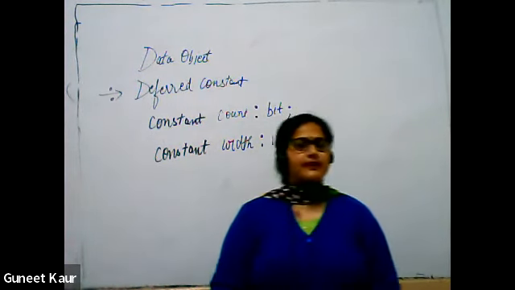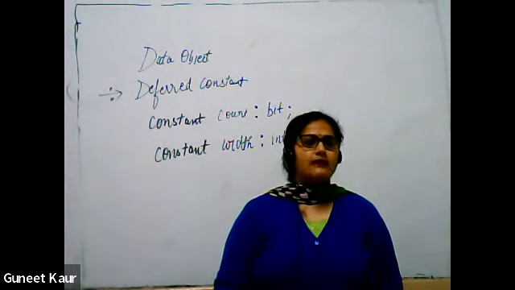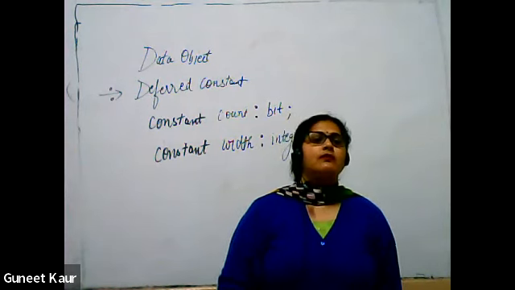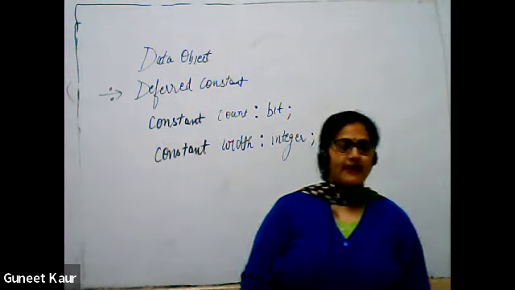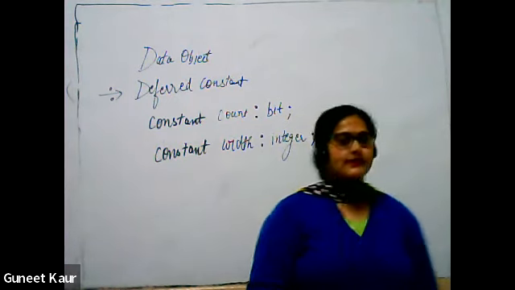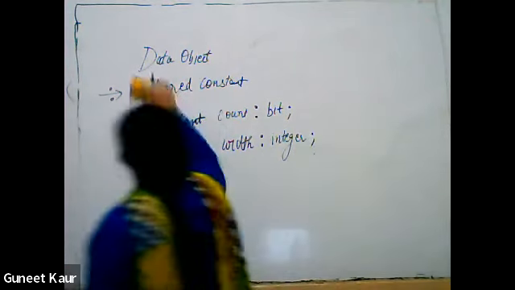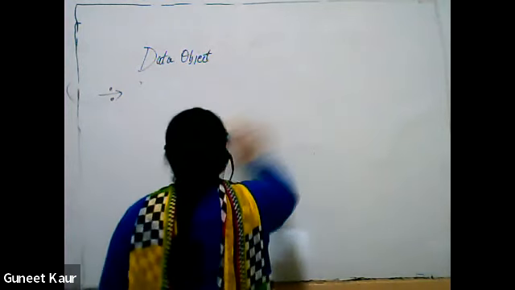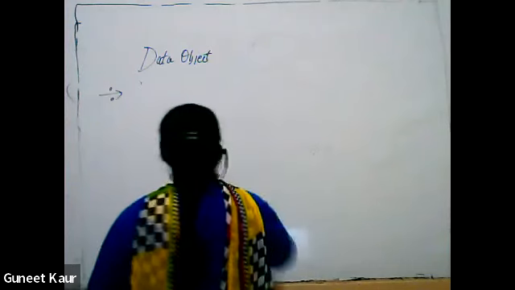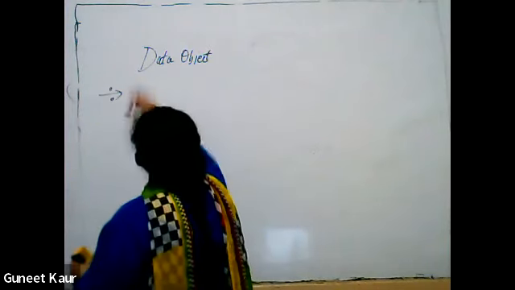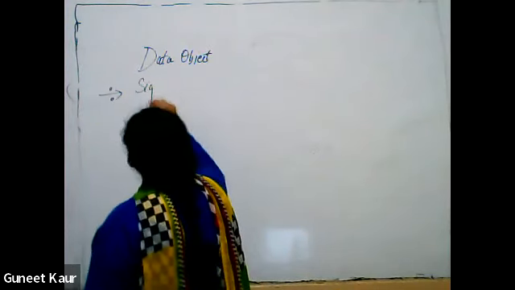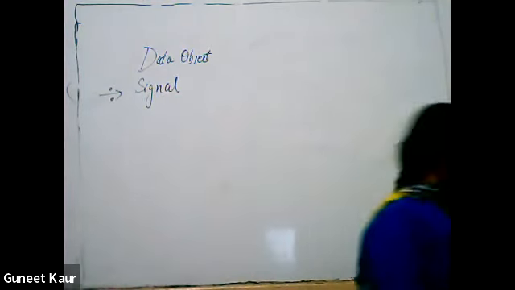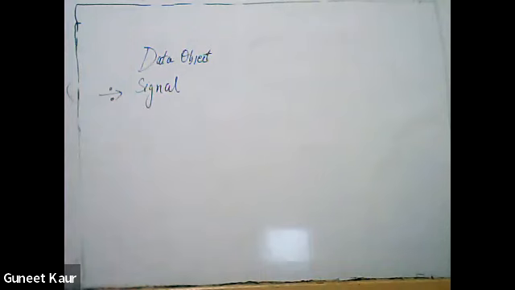Now come on to the second type of data object, which is the signal. This is the second data object in VHDL.